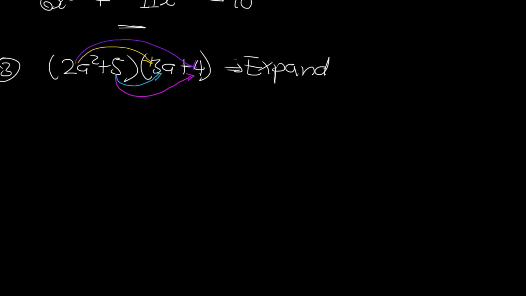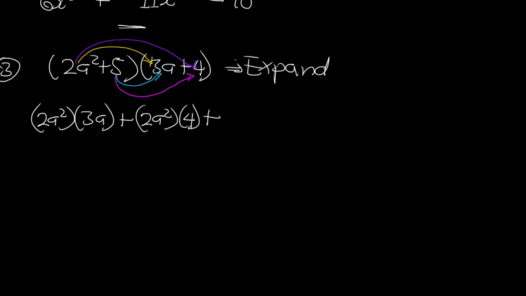So we get 2a squared multiplying 3a plus 2a squared times 4. Plus the inner terms, we have 5 times 3a, and the last term is 5 times 4.